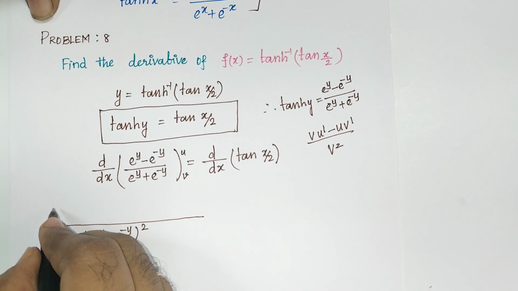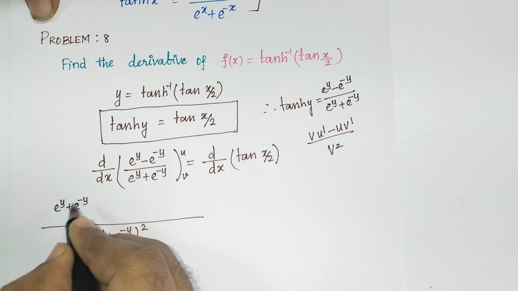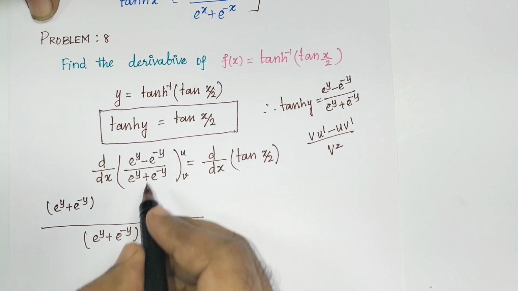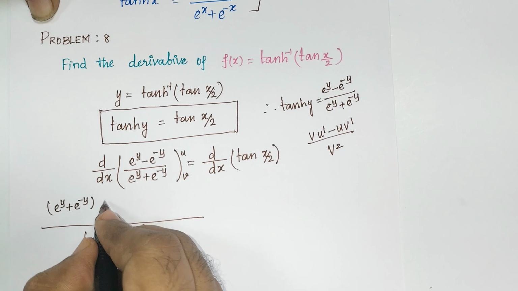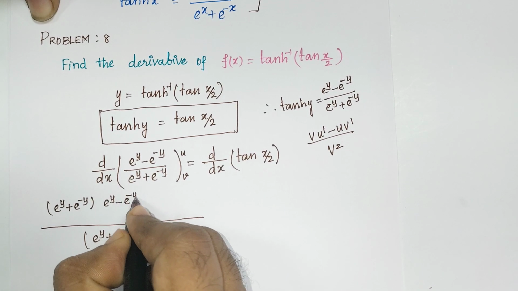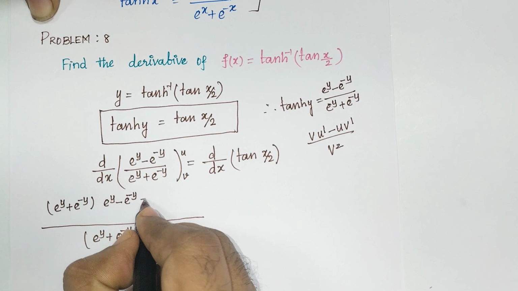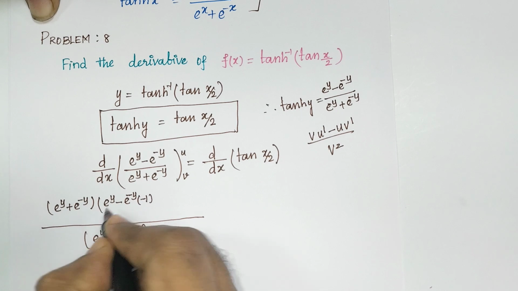This v is constant in numerator, e power y plus e power minus y constant. Okay, and differentiate this u, I will write e power y minus e power minus y. Here you will have minus, so we will write here minus 1.